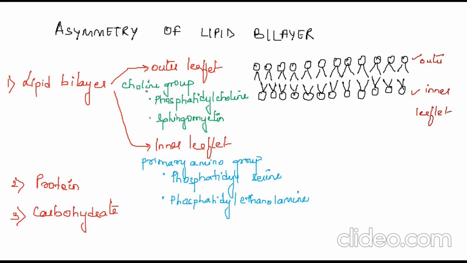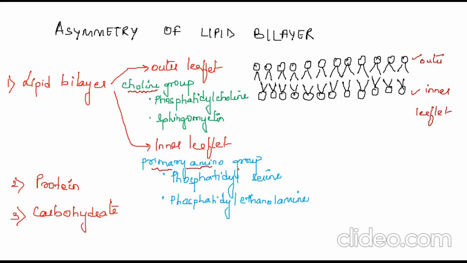The outer leaflet has the choline group: phosphatidylcholine and sphingomyelin are present on the outer leaflet, and phosphatidylserine and phosphatidylethanolamine, which have the primary amino group, are present in the inner leaflet.